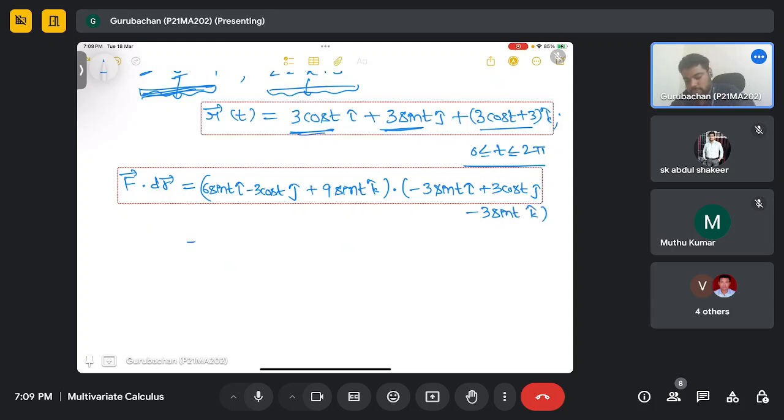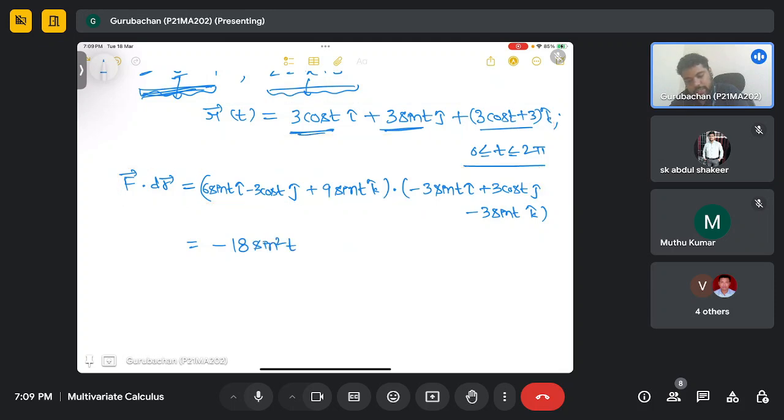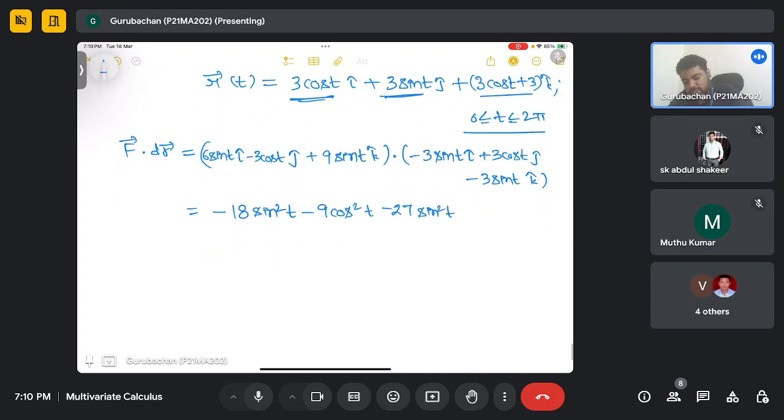Fine. Now multiply this. This will give you minus 18 sin square t minus 9 cos square t minus 27 sin square t. Now, what will be the smarter way?